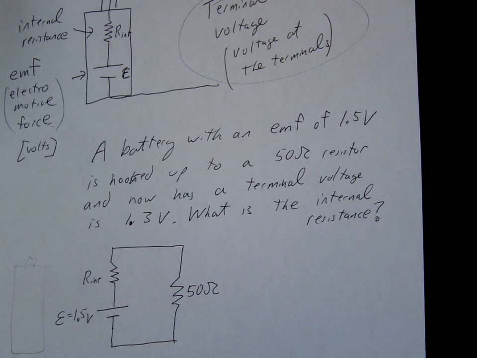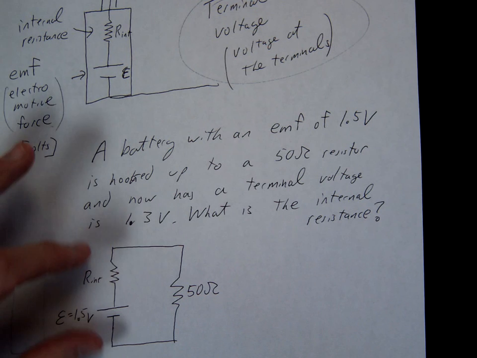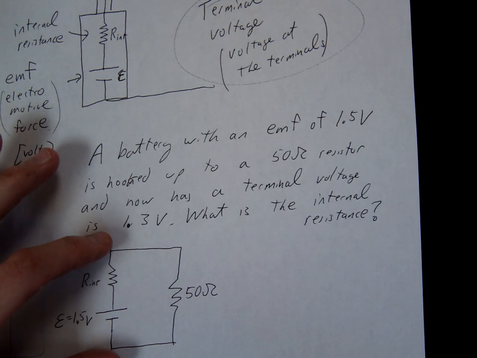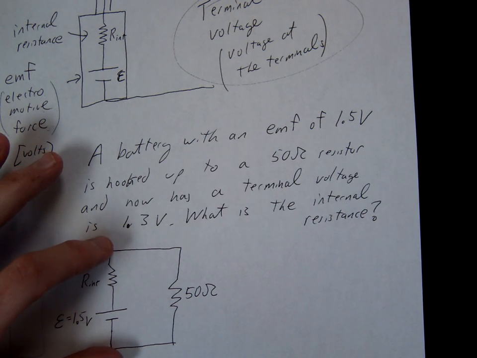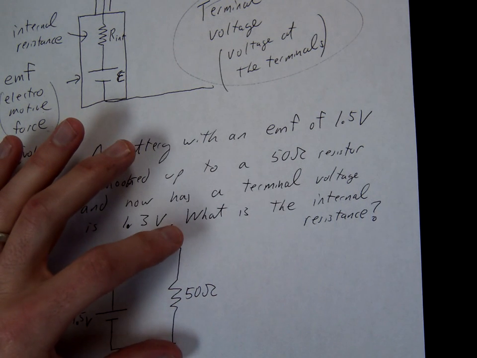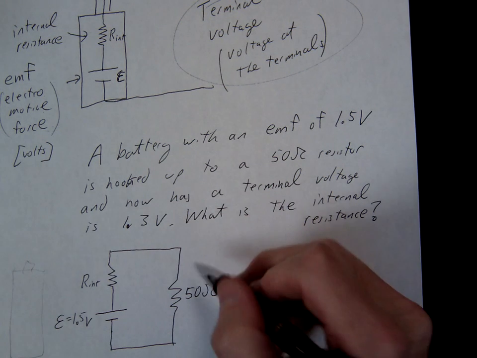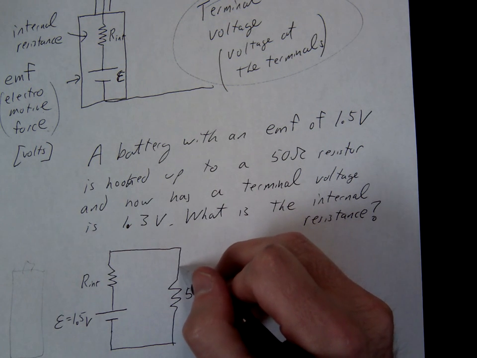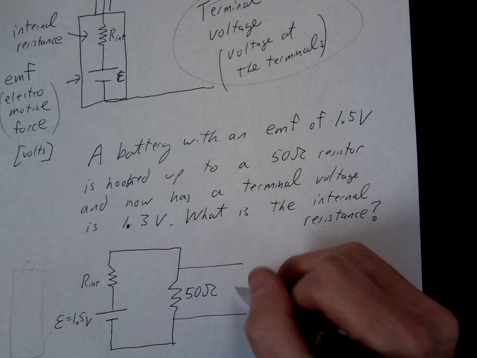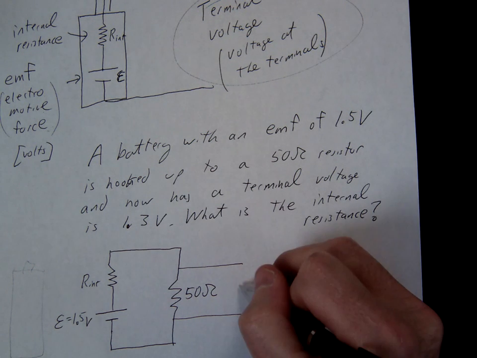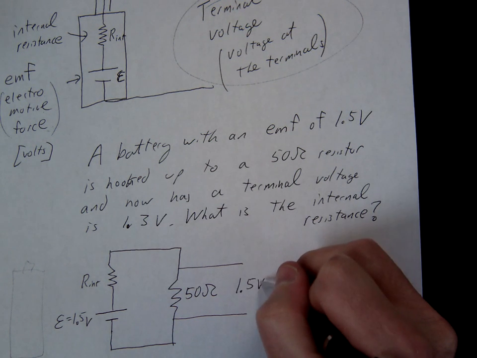So the terminal voltage means that's the voltage from here to here. So the voltage across the battery would be from here to here, which means that's the same as the voltage from here to here. Okay? So the voltage across a resistor, if we were to take a meter and measure the voltage across this, we would get 1.3 volts.